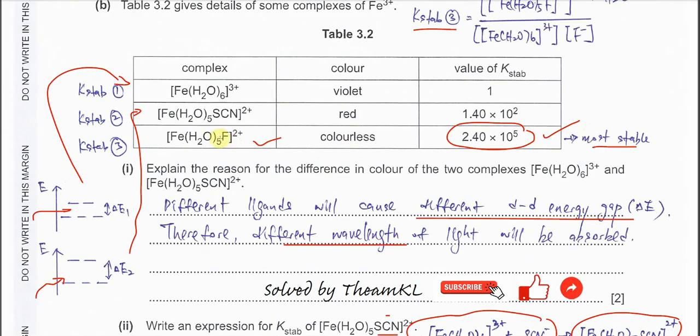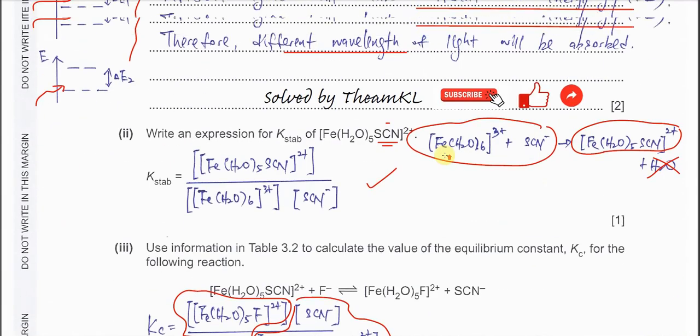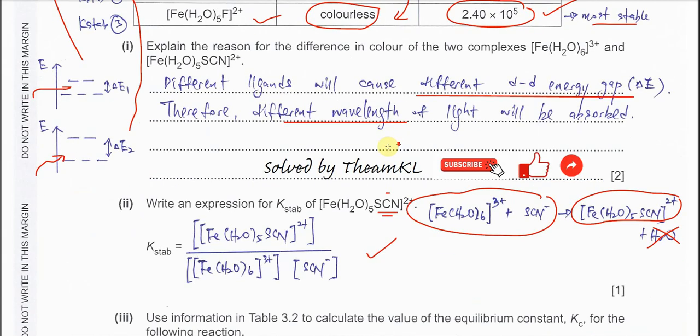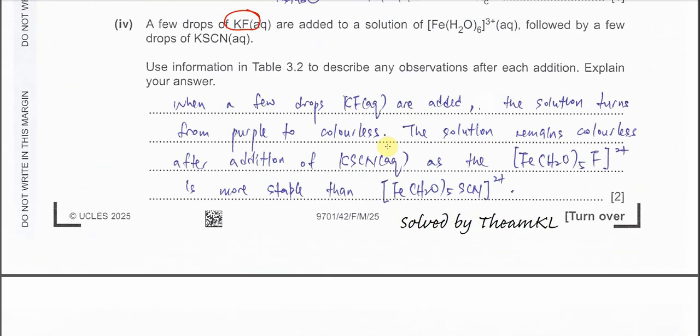The fluoride will form this highly stable complex ion. Then next, look at the color: colorless. So it's going to change from violet to colorless, because it goes from this complex ion to the new complex ion. So the first observation is the solution turns from purple to colorless.